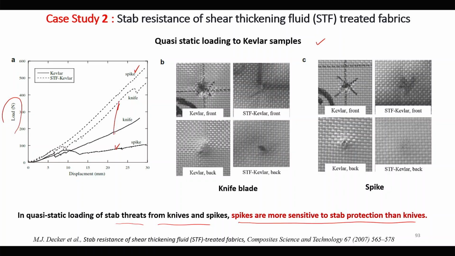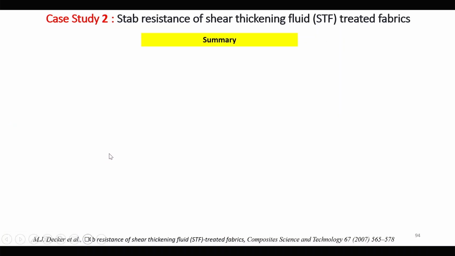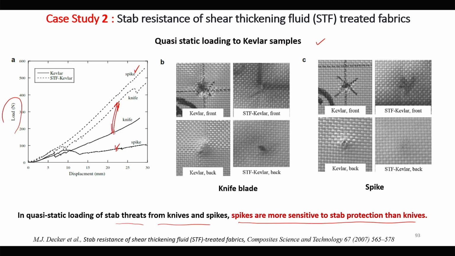For knife, for a certain displacement, the increase is this much, but for spike, for the same displacement, the increase in the load of penetration is very high. So, effectively the STF works much better in case of the spikes than knife.